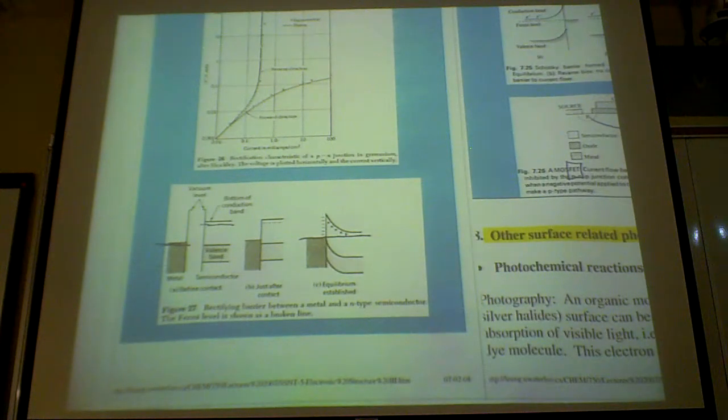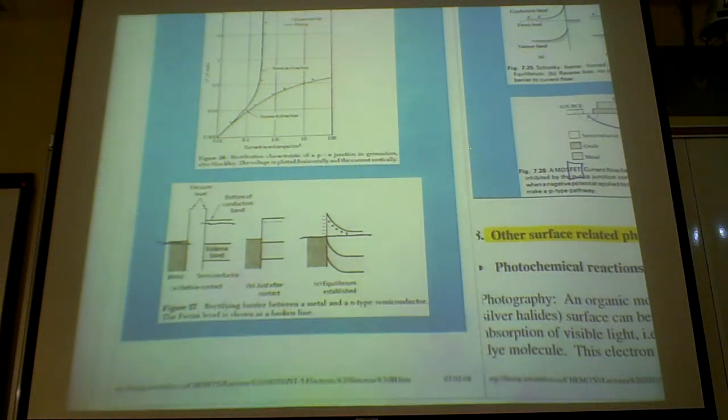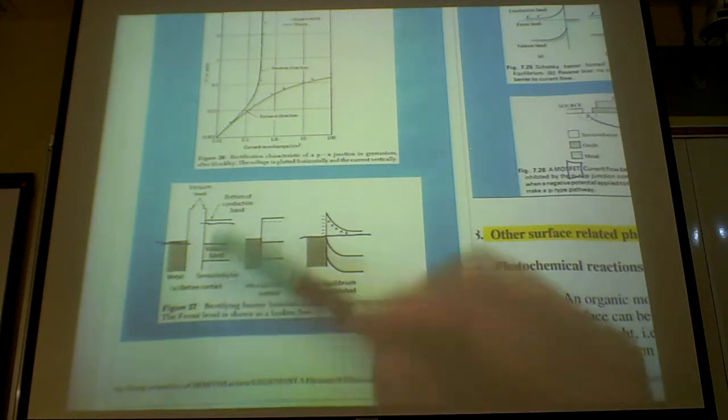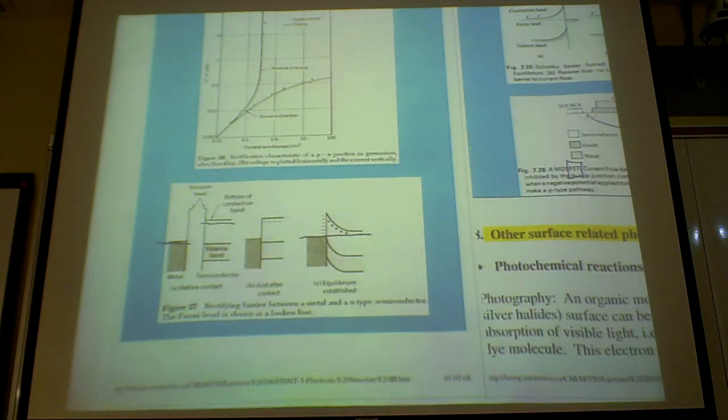So you have metal, where all the electrons are filled to the rim, because there's no conduction band, so to speak. In the case of metal, everything is filled down to the lowest possible energy level. And then you have the semiconductor, which has a valence band and conduction band like this.